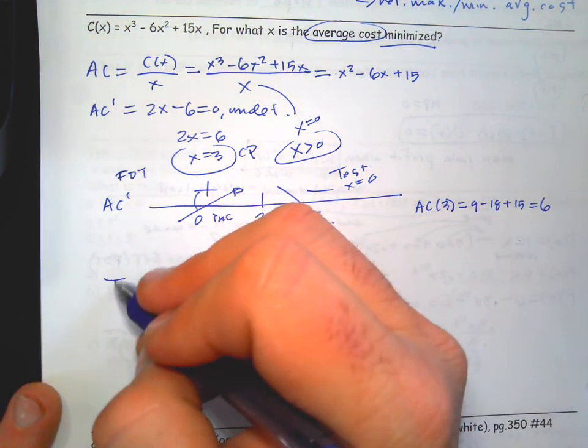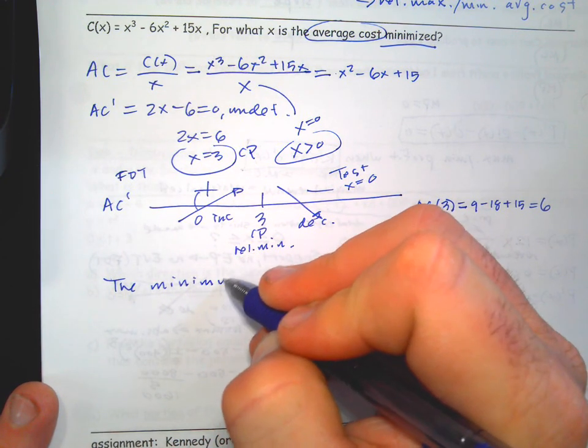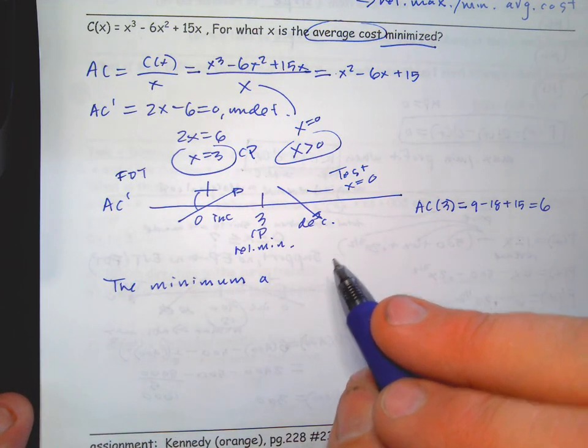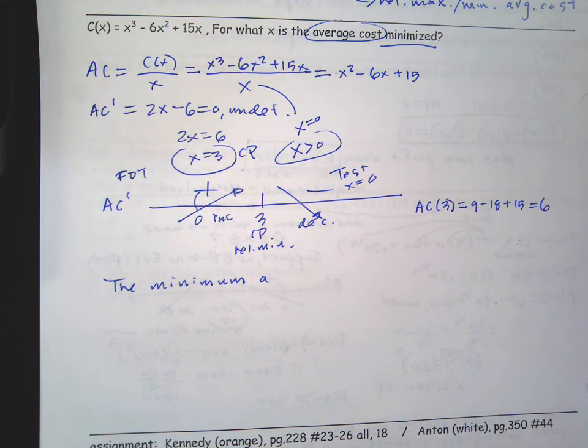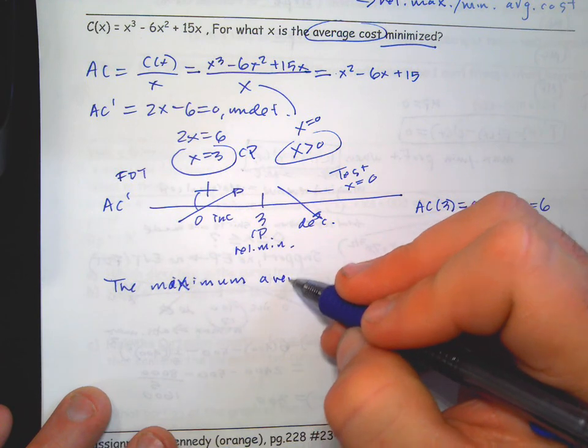So the minimum, that's a maximum. Did I make a mistake? This might be the maximum average cost. Maximum average cost.